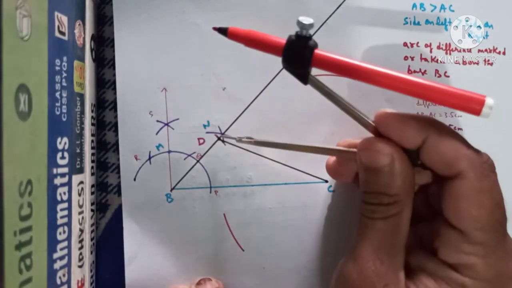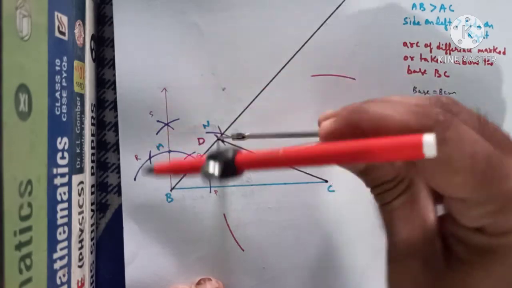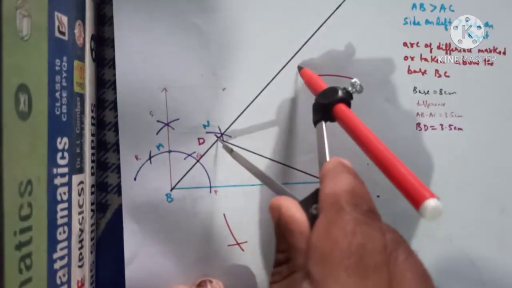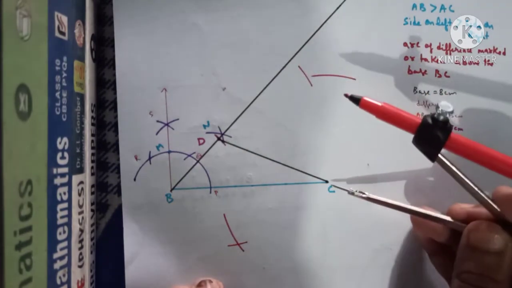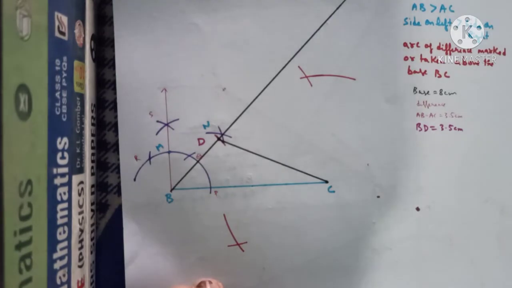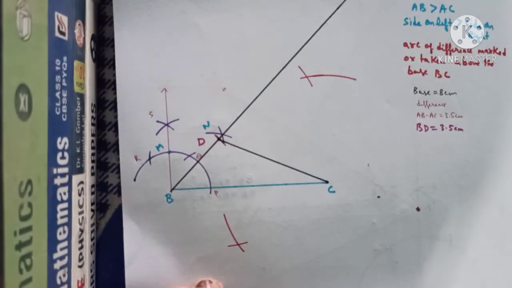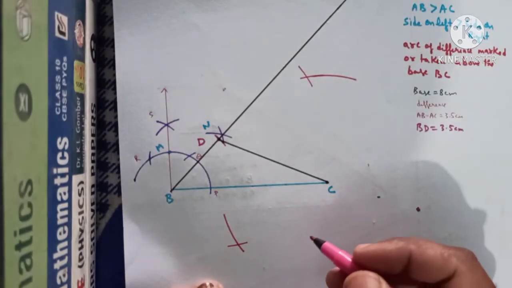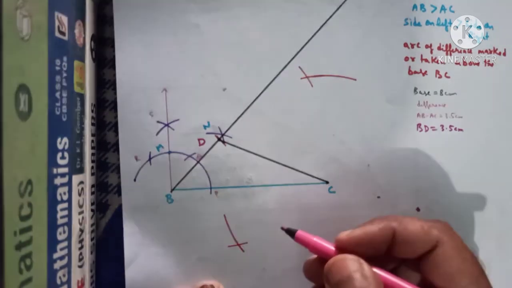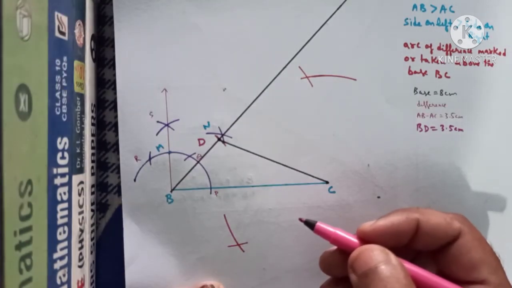Now with center D, you will draw arcs on both sides of CD intersecting the previous arcs. Let me extend it such that they are intersecting each other. We will name these points; we have already used P, Q, R, S, M, N, so what can we take?